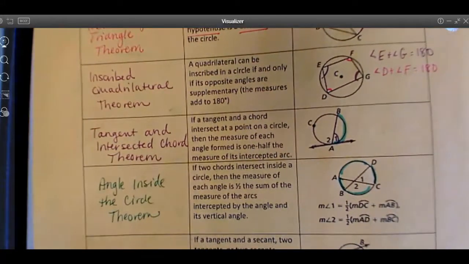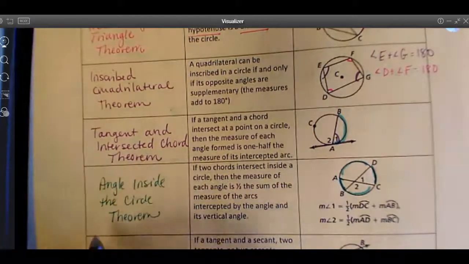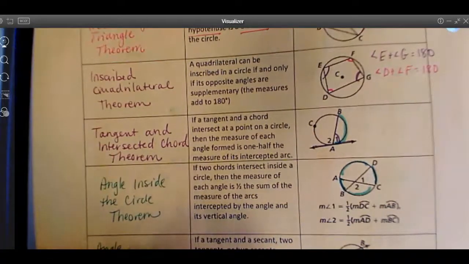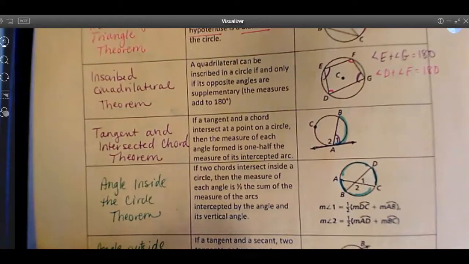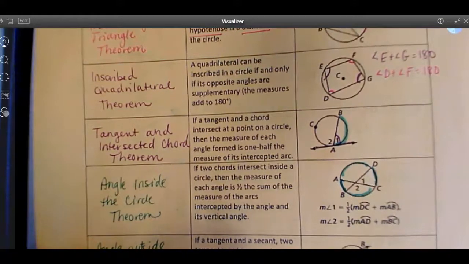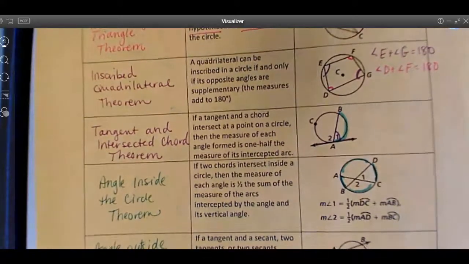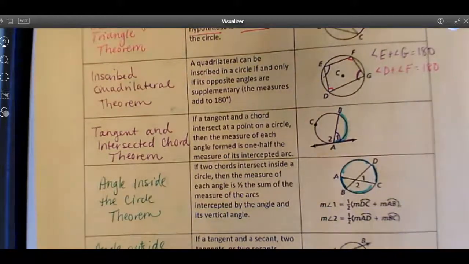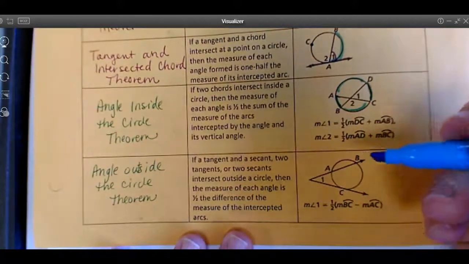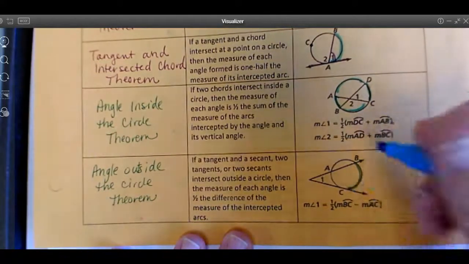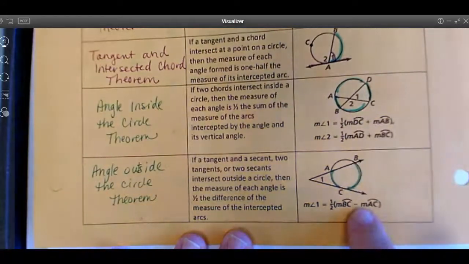Alright? And then this one is the same kind of theorem, the angle outside the circle theorem. Again, it's another formula. Here it's telling me if I want to find angle 1, I take the two arcs that are connected to angle 1, subtract them, and then multiply by 1/2.